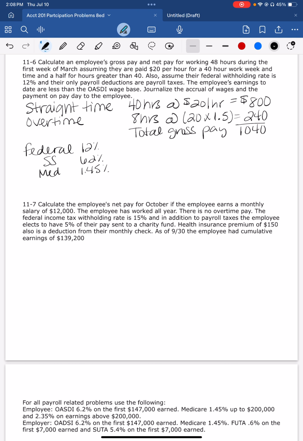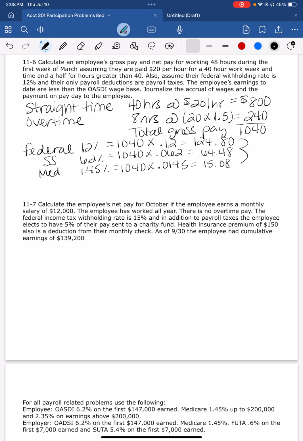So don't do that. So in your calculator, you should be putting 1,040 times 0.12, which should give you $124.80. 1,040 times 0.062, which is 64.48. 1,040 times 0.0145, which is 15.08.